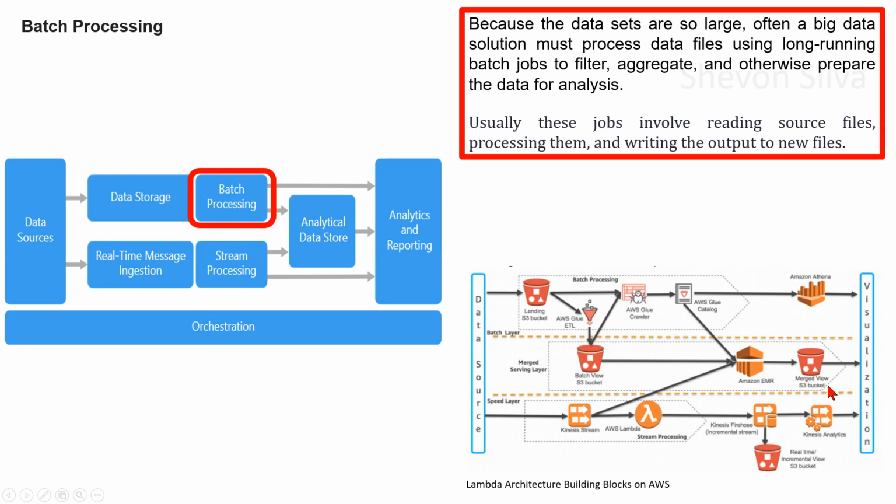The merged data set can be written to Amazon S3 for further visualization. The metadata, for example, table definition and schema associated with the processed data, is stored in the AWS Glue catalog to make the data in the batch view immediately available for queries by downstream analytic services in the batch layer.